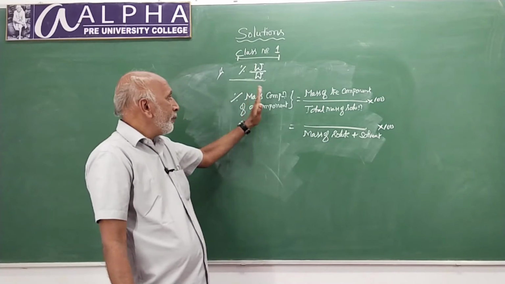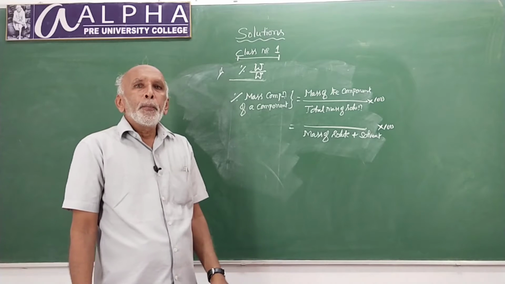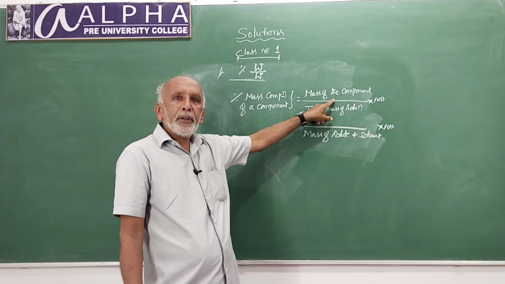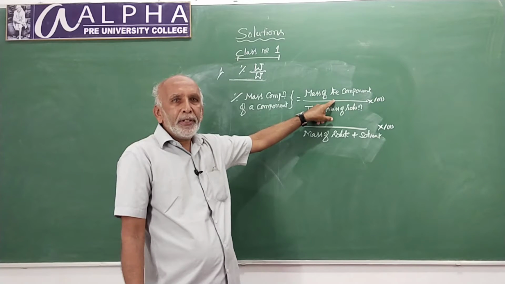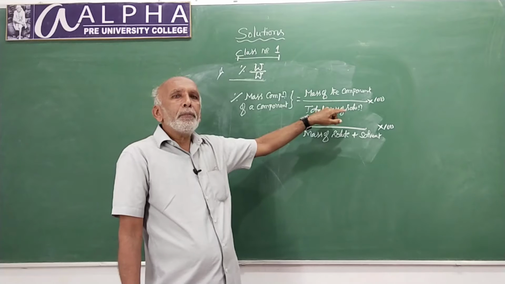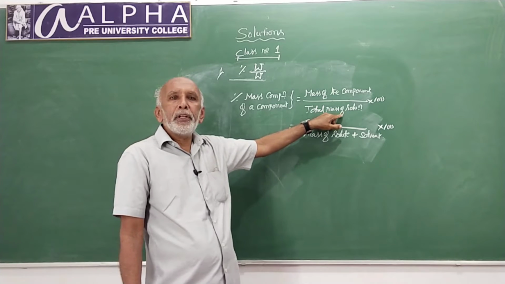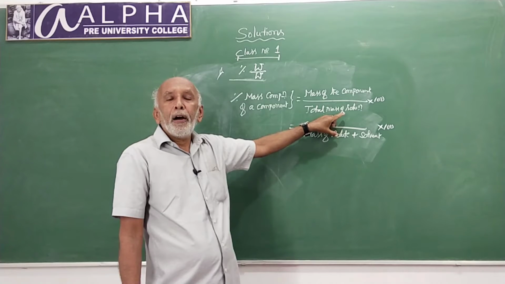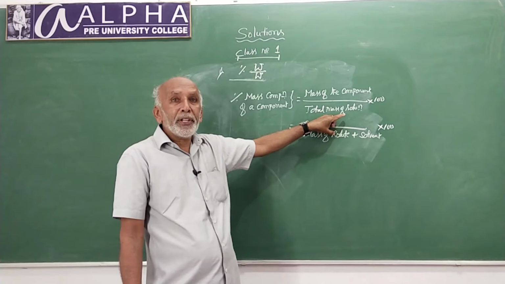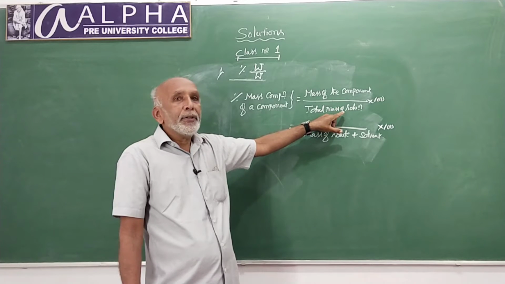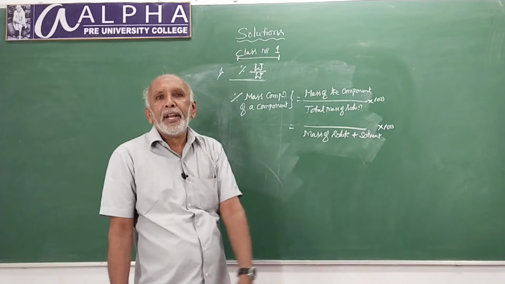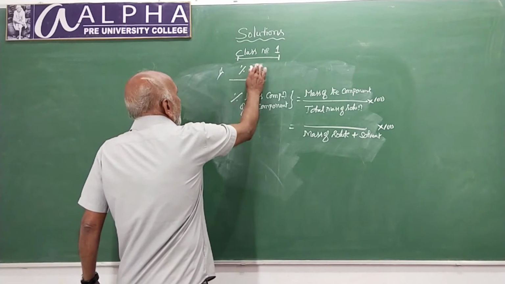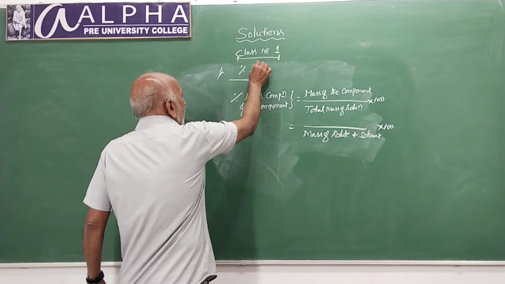So, percentage mass composition is the percentage ratio of the mass of the particular component to the total mass of the solution. Total mass of solution is the sum of the masses of all the solutes, if more than one is present, and the mass of solvent. Next one is percentage volume composition.